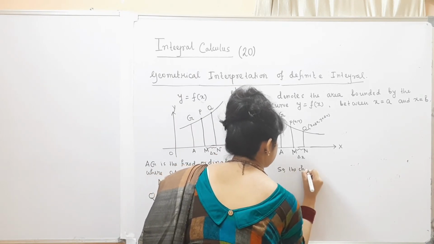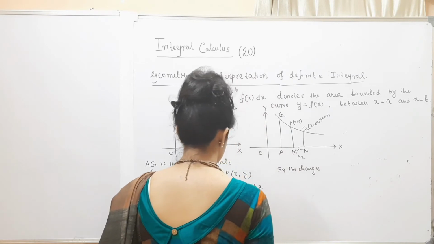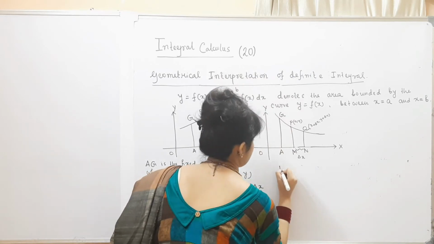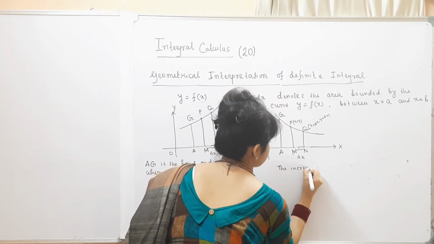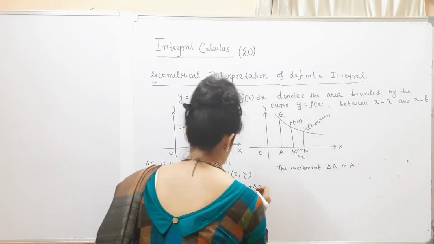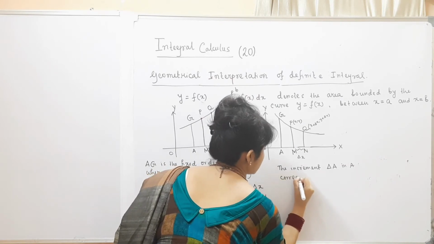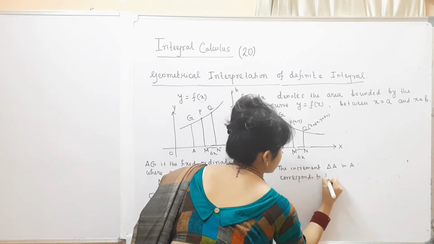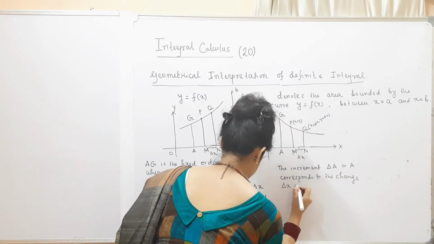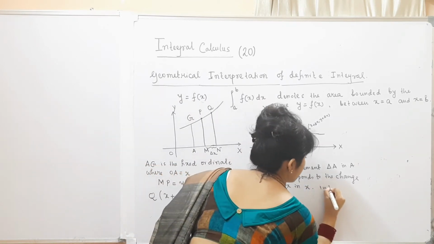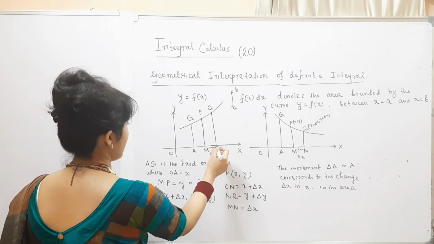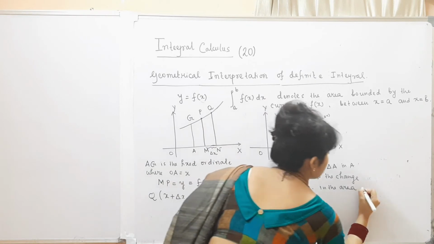So the increment delta A in A corresponds to the change delta x in the area, that is MNQPM.